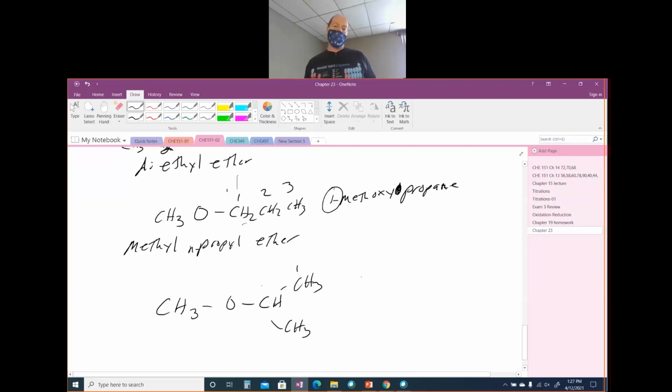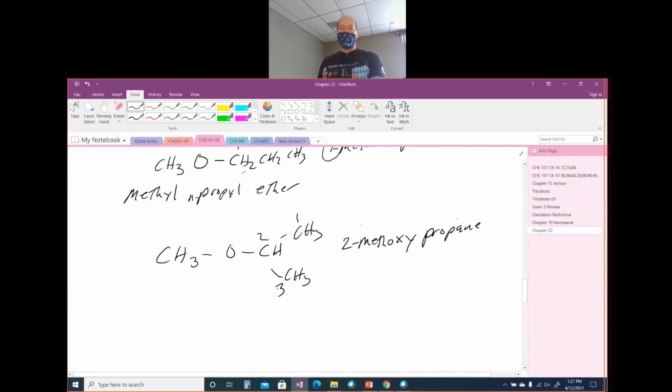Where you have 1, 2, 3 is your longest carbon chain for your propane. But off of carbon number 2, you have a methoxy. So this is 2-methoxypropane. So if there is such a thing as a 2, then the 1 has to be put when it is 1.